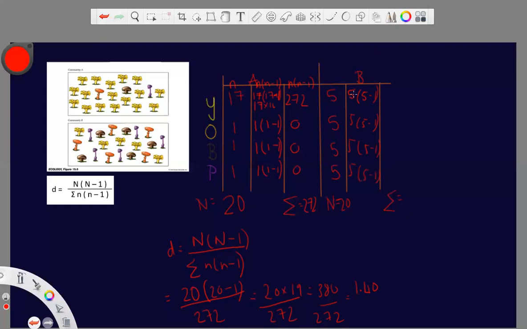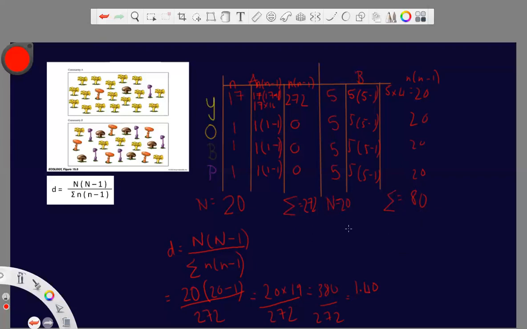Hopefully you can see here, 5 multiplied by 5 minus 1 is equal to 5 multiplied by 4, which is equal to 20, and they are all the same. So here we're working out our n(n minus 1). You've got 20 plus 20 plus 20 plus 20, summing all of the small n(n minus 1)s together, and you end up with 80.